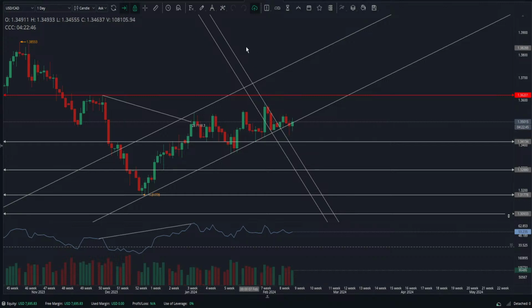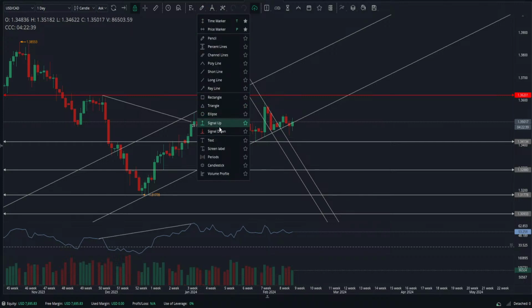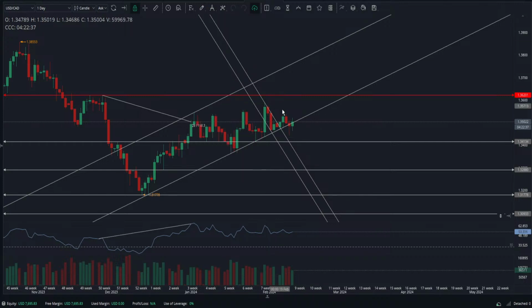But this has entered a territory where I will not be looking for any buying or selling, because I would be selling this market if it had closed a decent day below. That has not happened, and I am not buying either, because yesterday it closed the day below that rising channel support line. So I'm not buying or selling this market. I'm staying away from it.